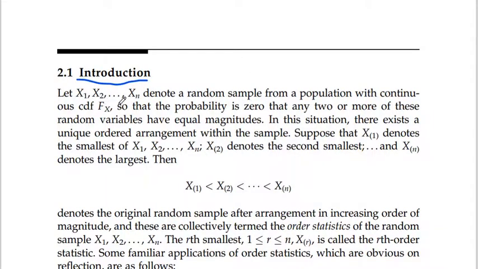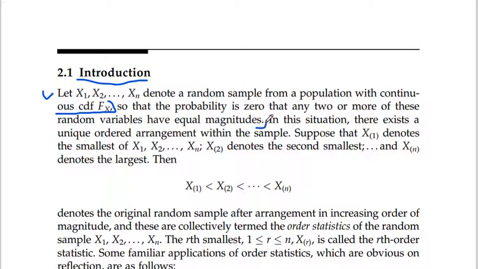Let x1, x2, and so on up to xn denote a random sample from a population with a continuous CDF F of x. Order statistics deal with continuous CDFs. Order statistics always come from continuous distributions, so the probability is zero that any two or more of these random variables have equal magnitude.